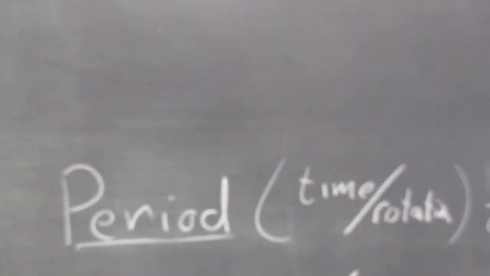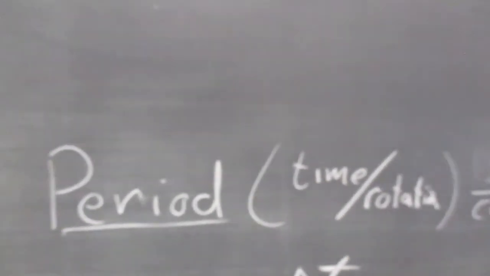Period is the time it takes to rotate one time around. For the experiment here, that will be the time it takes as it rotates one circle around like that. So that will be in seconds per cycle.